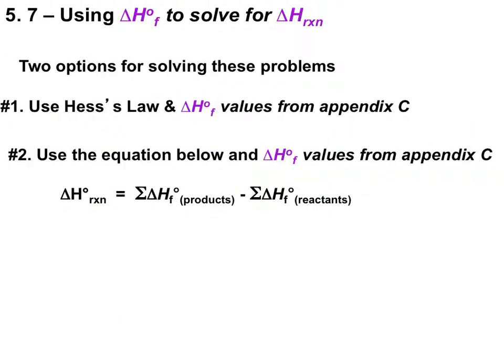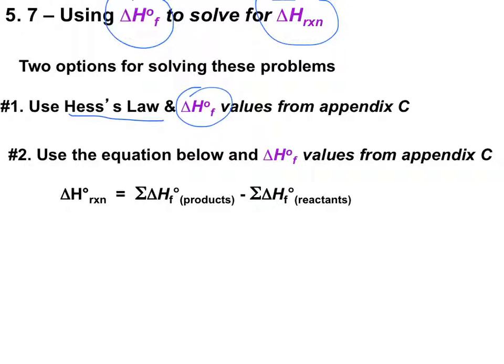So we can use these enthalpy of formation values from appendix C in the back of our books to solve for delta H of reaction values for various different reaction types. So we can use Hess's law along with the values from the data table in appendix C to solve for delta H of the reaction.